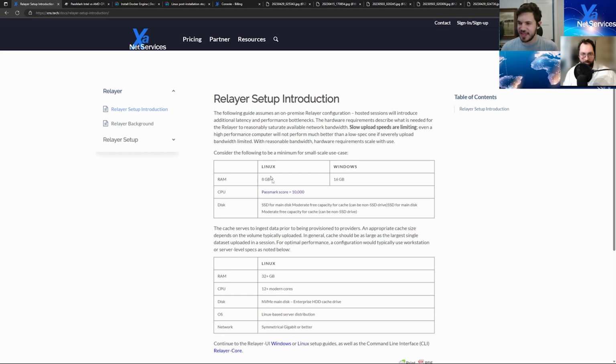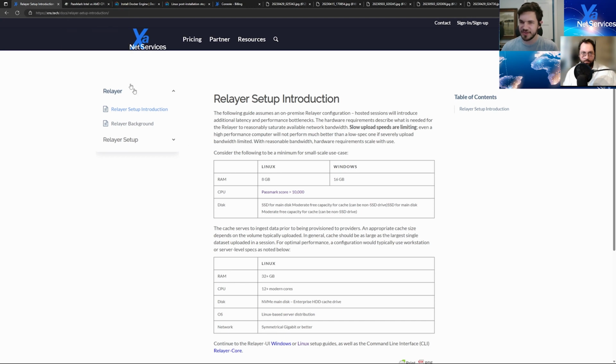This looks something like 8 to 16 gigs of RAM, depending on your operating system of choice. We do support both Linux and Windows. And just a non-obsolete mid-range processor. So here we refer to a Passmark score of over 10,000.